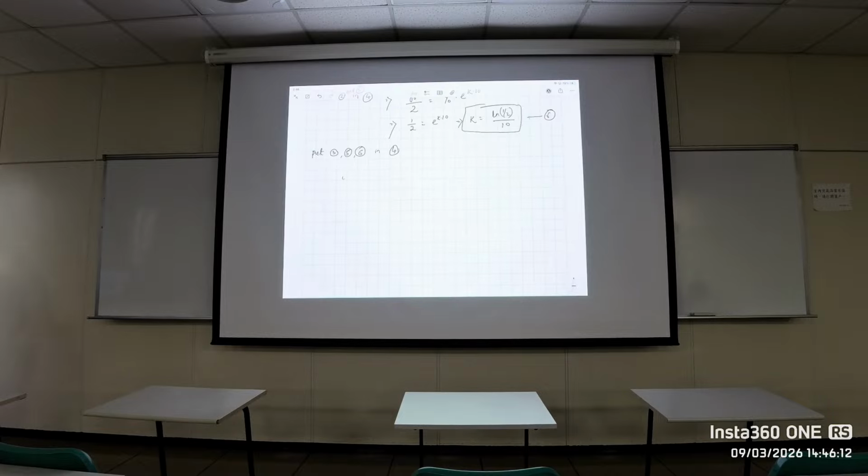It is 0.01 y0 is equal to y0 into e to the power ln 1 by 2 by 10 t.